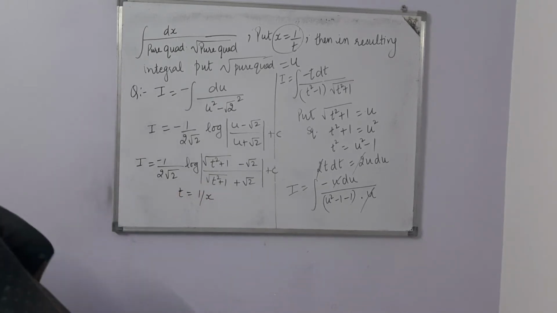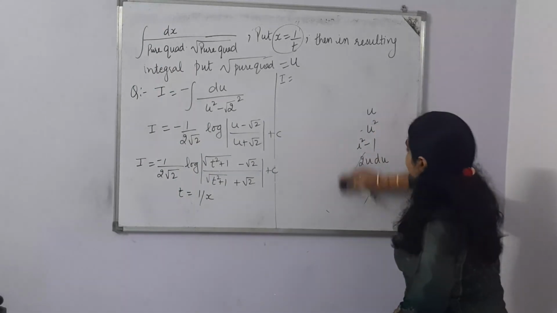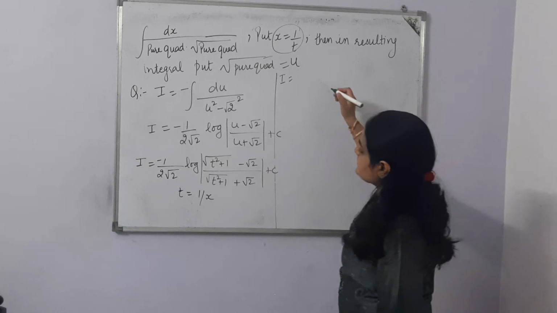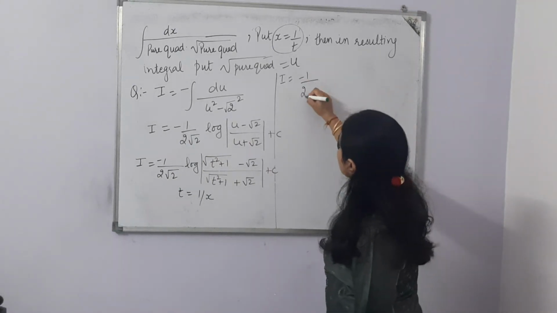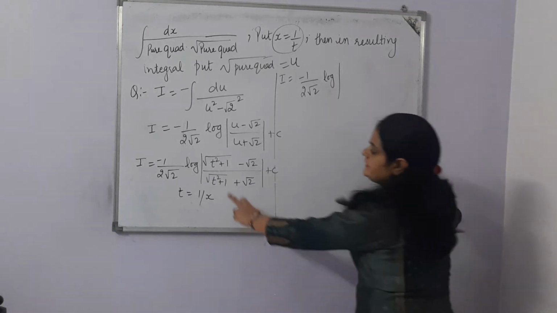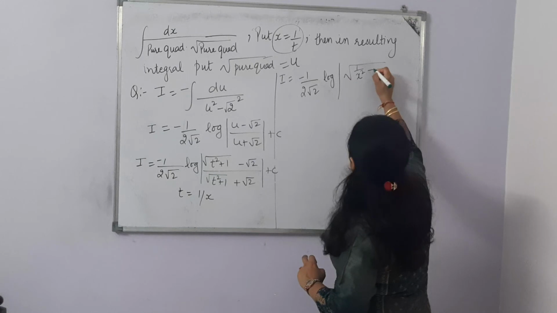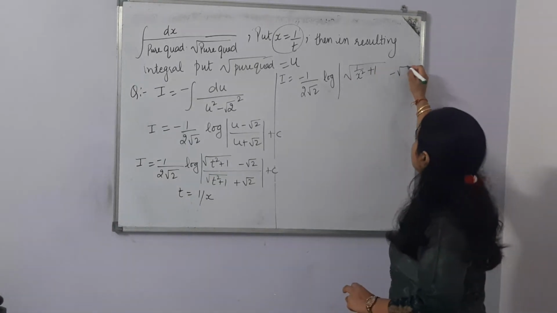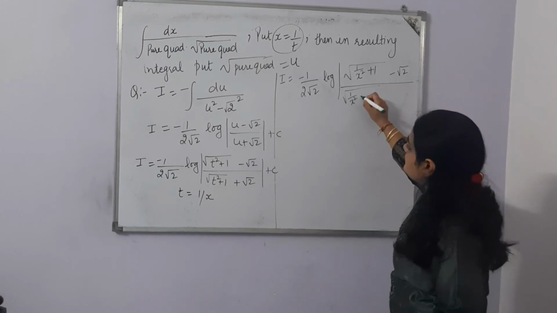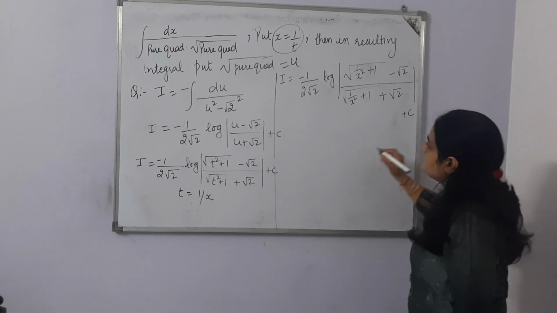Now we'll have to substitute. Minus 1 by 2 root 2 log of, t square, that means 1 by x square plus 1, under root, minus root 2 whole upon under root 1 by x square plus 1 plus root 2, plus c.